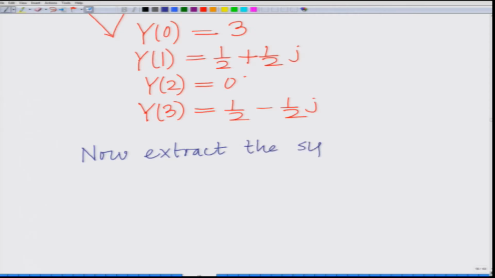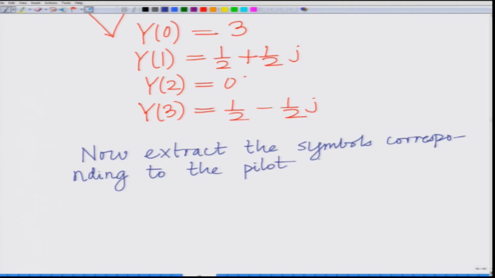Now we extract the symbols corresponding to the pilot subcarriers, that is, L equal to 1 and 3.